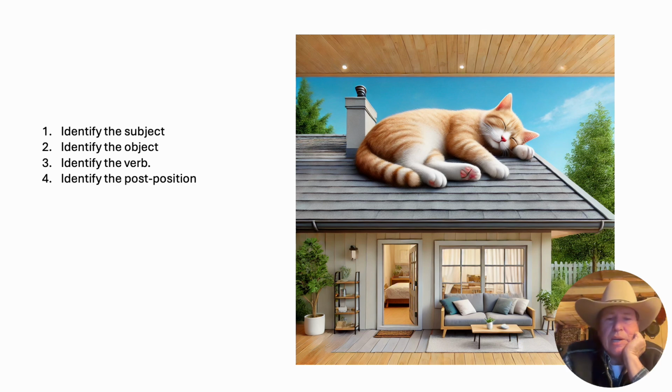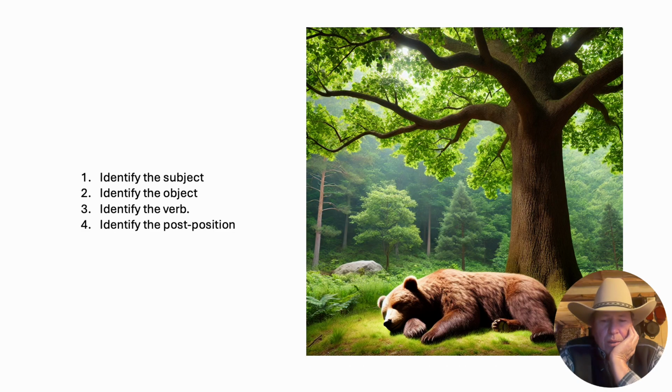The cat is laying or reclining on top of the house. Okay, this one, the sentence we would want is the bear is laying under the tree. So the subject is the bear, the object is the tree, the verb is laying or reclining, and the postposition is underneath. Matoki chaki iochlate khpaye.